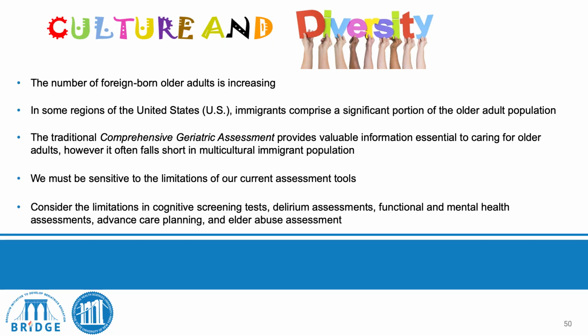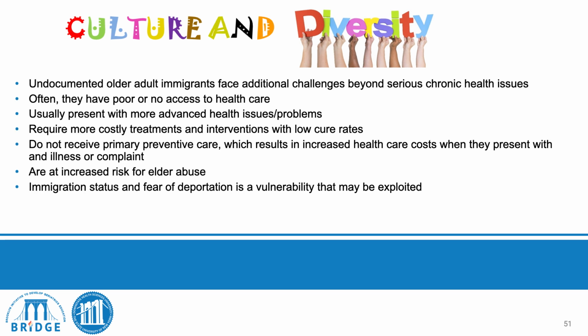Consider the limitations to cognitive screening tests, delirium assessments, functional and mental assessments, advanced care planning, and elder abuse assessment. So some of our instruments do not take that into consideration and therefore have limitations. Undocumented older immigrants face additional challenges beyond serious chronic illnesses. Often they have poor or no access to health care.